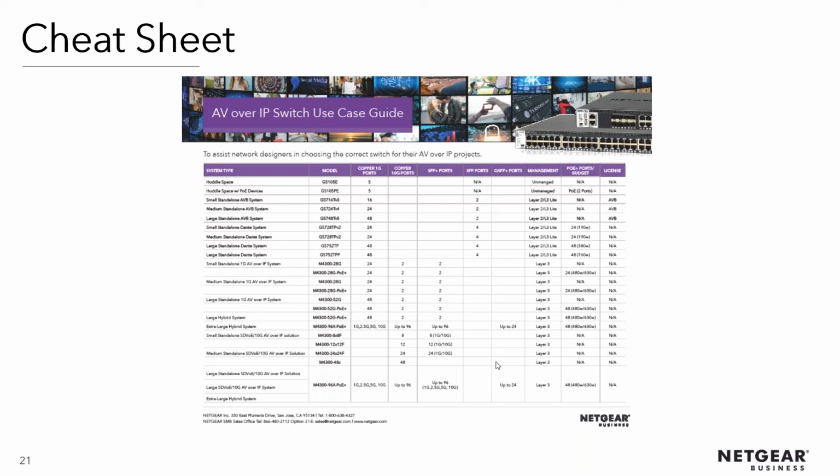And we created this little cheat sheet that will give you the corresponding Netgear switch model, because we recognize we do have a lot of SKUs and models. The feedback from engineers has been really positive with this tool as a means to help point them in the right direction of a switch for any given project.